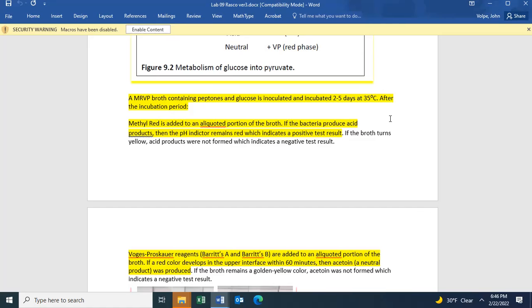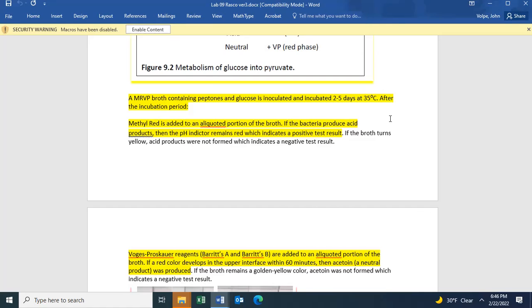After incubation, for the methyl red test, you add methyl red to the tube, and the methyl red is a pH indicator that turns red under acidic conditions.